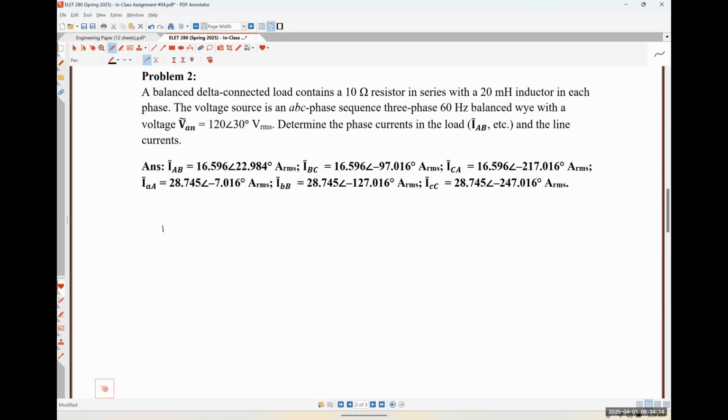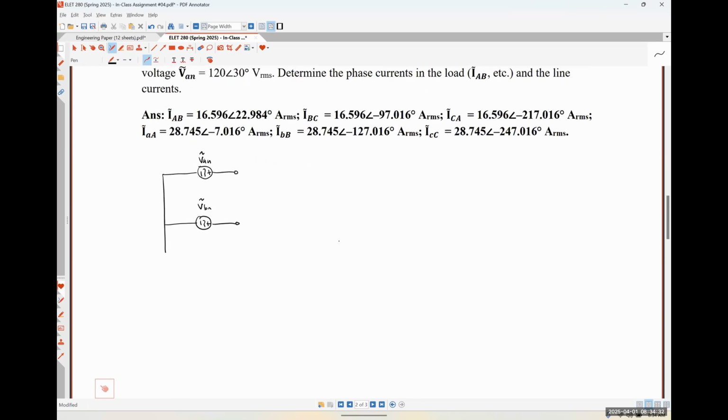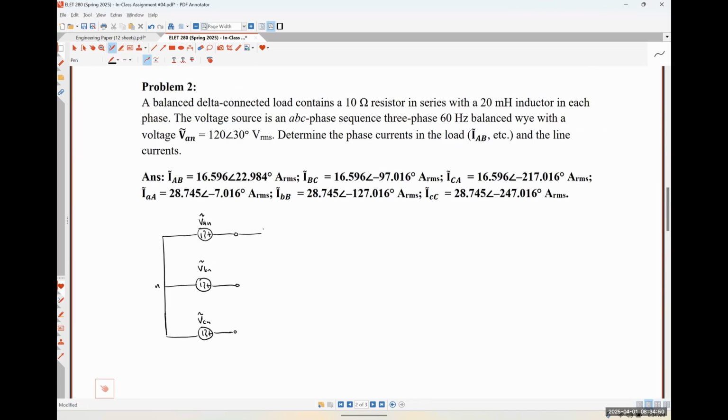Here is our Y connected source. Here is our transmission line network.